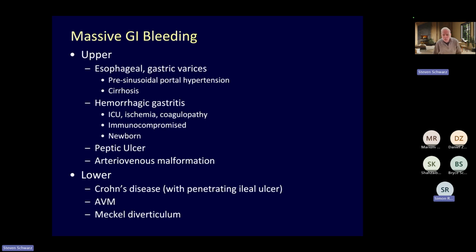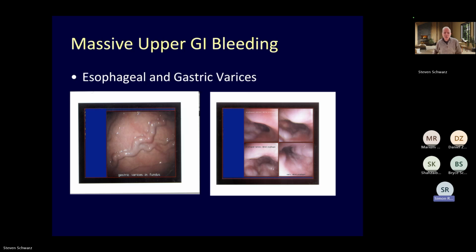And again, that's going to be massive bleeding in a child who otherwise looks well but anemic. Here's a picture of esophageal and gastric varices. We'll have more to say about this in a few slides because we'll get into the management of these problems.